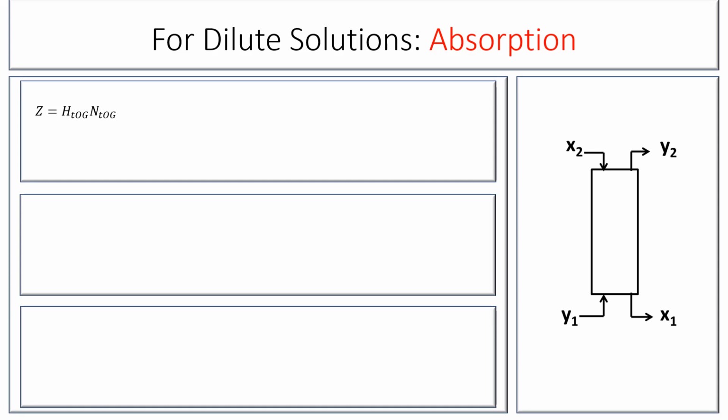So as you see in the equation, basically the total height of the packed bed is equal to the height of transfer units times the number of transfer units. And the idea here is that in order to determine the height of the packed bed, we can divide the bed theoretically into small sections.